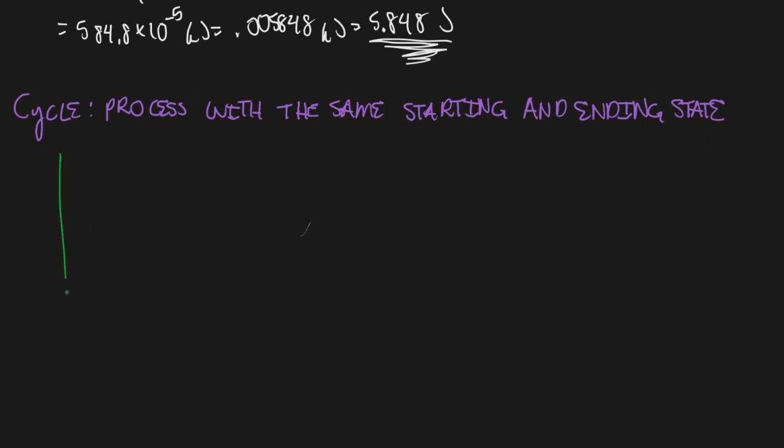And this is best represented using another specific type of diagram. So this diagram, instead of having volume and pressure, we'll keep that volume on the horizontal axis. This time we'll have temperature on the vertical axis. And this, remember, can be some state. So we can call this our initial state.